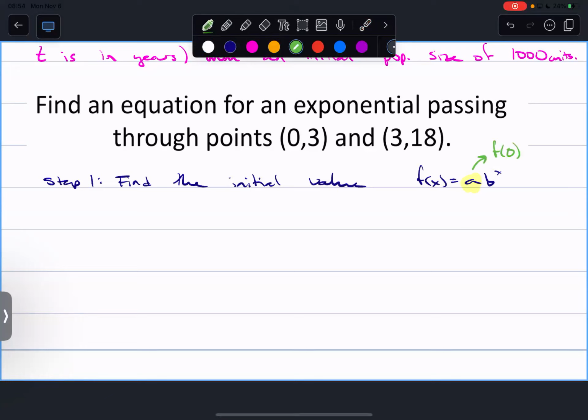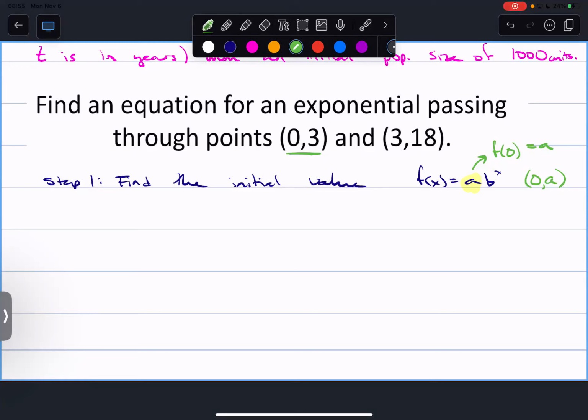is when x is 0, right? That's your initial value. So f of 0 is equal to a, which means that 0, a has to be a point, but we know we're given 0, 3. So that's nice.